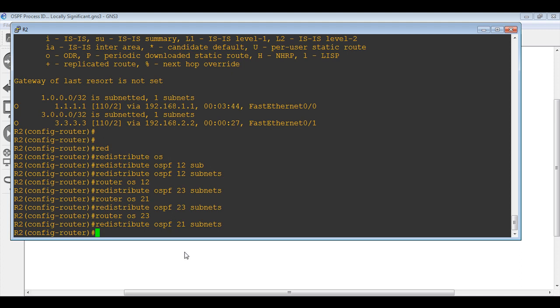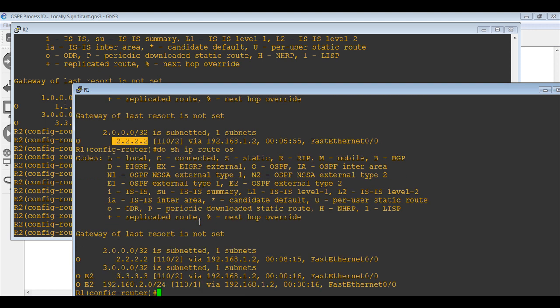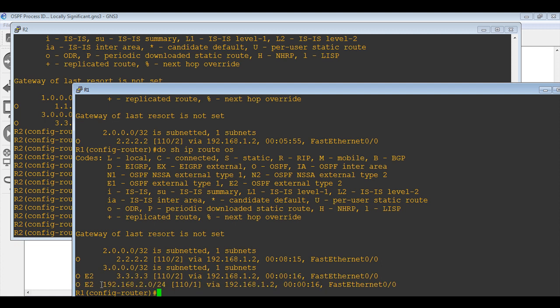Now if you go to router 1 and check for the routes, we see the external routes coming from the other process, which is the loopback of router 3 and the network between router 2 and router 3.